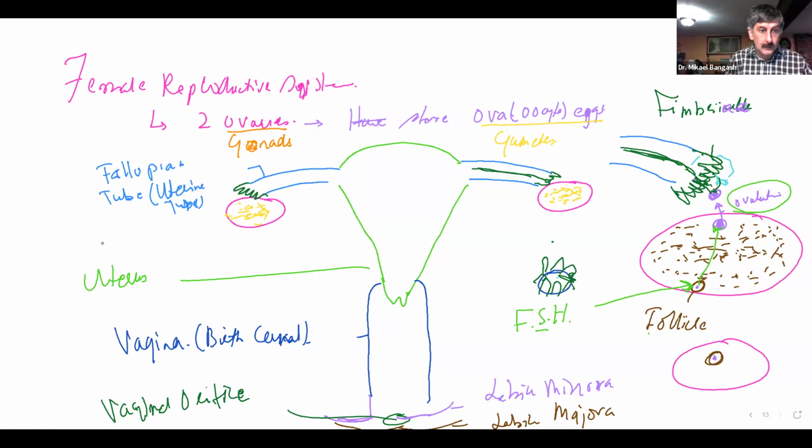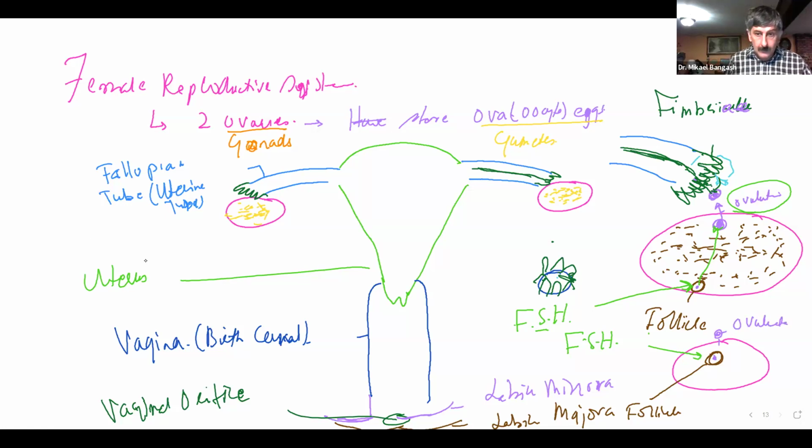So this structure here is called the follicle. But it was going to be stimulated by a hormone coming from the anterior lobe of your pituitary gland, called follicle stimulating hormone. That's going to stimulate this follicle and cause it to ovulate, or release the ova.